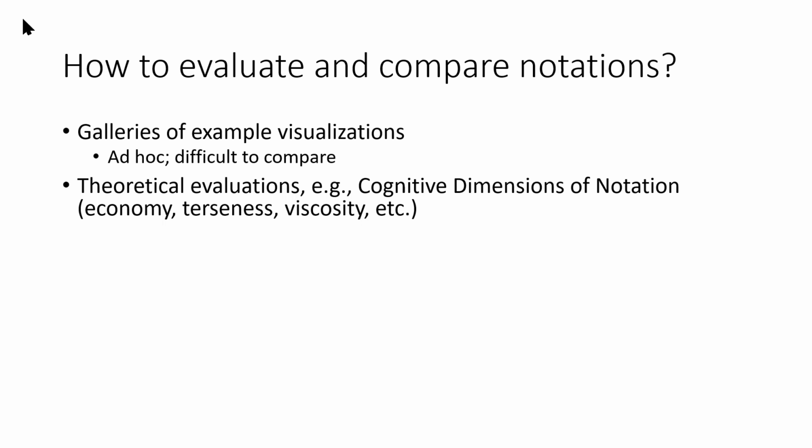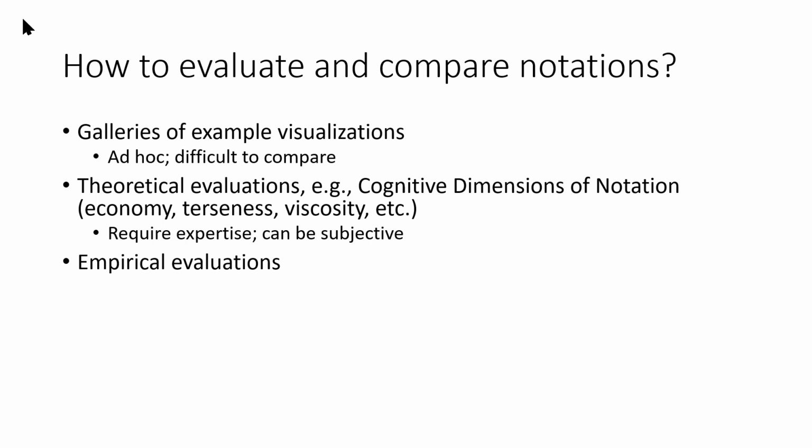There's at least one theoretical framework for evaluating notations, and that's the cognitive dimensions of notation. So this is a whole set of properties such as the economy of the notation, the terseness, the viscosity, and these can be used to perform evaluations, but this requires a certain amount of skill or expertise, and there's a certain amount of subjectivity involved.